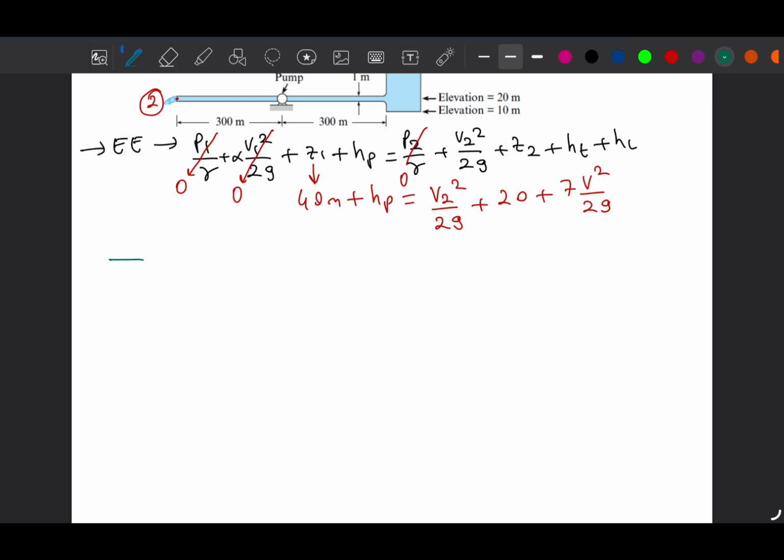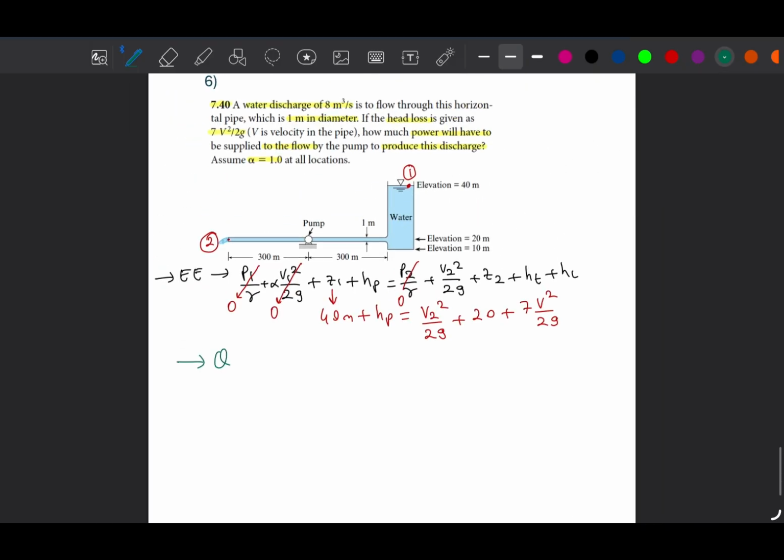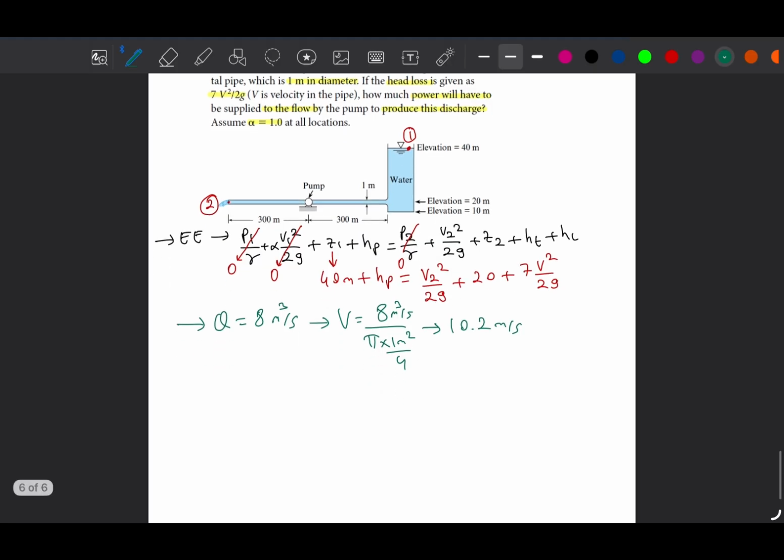So here we can calculate the velocity because we already know the flow rate is 8 cubic meters per second, and the velocity will be 8 cubic meters per second divided by the area, and the diameter is 1 meter, so we have pi times 1 meter squared over 4. So the velocity is 10.2 meters per second.